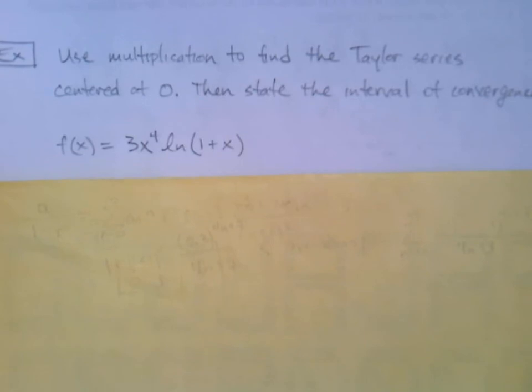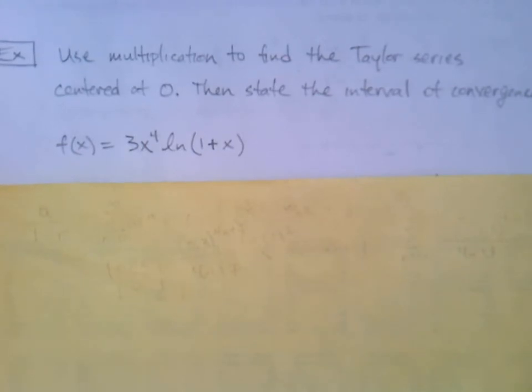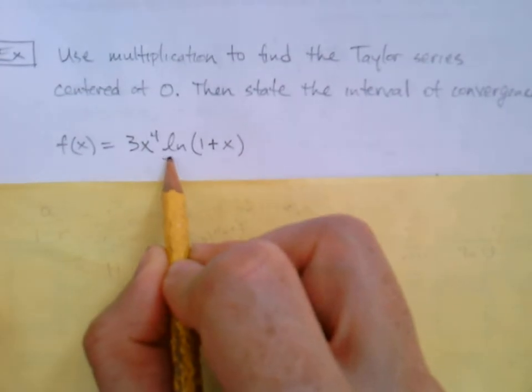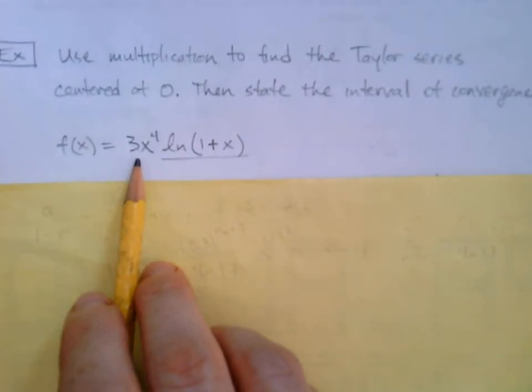Here the function is f of x equals 3x to the fourth multiplied with the natural log of 1 plus x. So what is this all about? Notice we are not multiplying two basic Taylor series. Only this one is a basic Taylor series. That's just another term that gets multiplied with it.